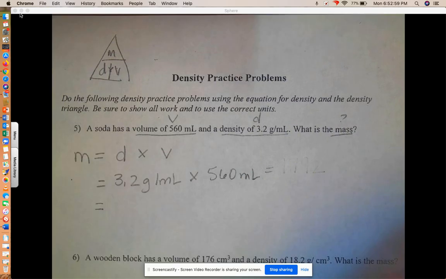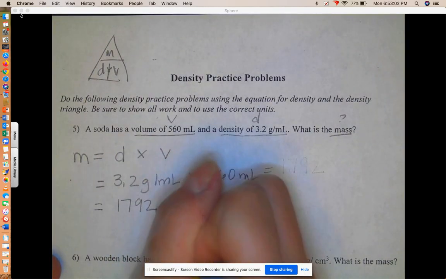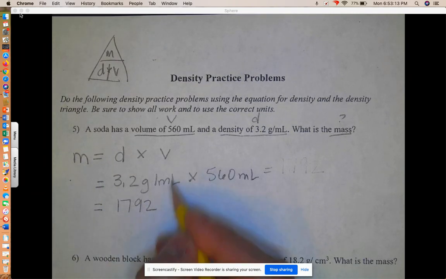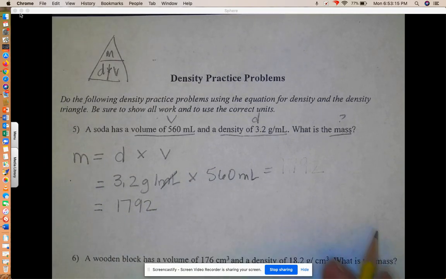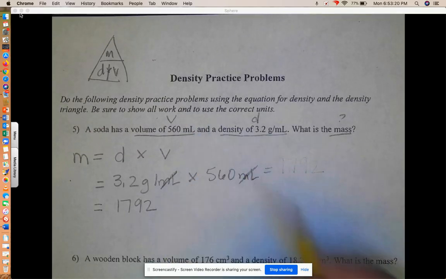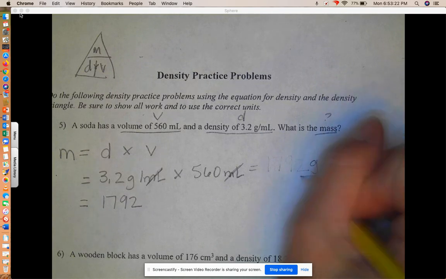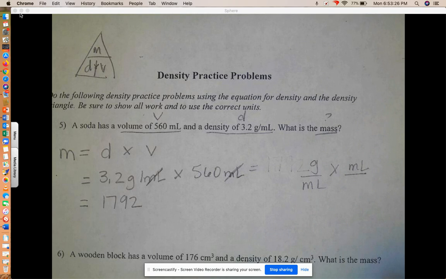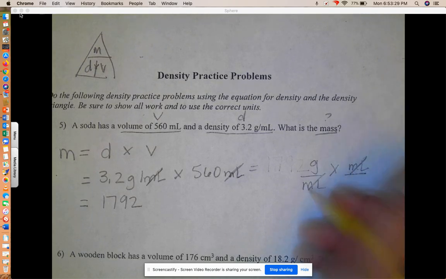I want you to pay attention to something about, sorry, I put that in the wrong spot. Pay attention to the units here. You are solving for mass, and you should know by now, after several quizzes, lots of notes, what do we measure mass in? We measure mass in grams. So here you have milliliters, which is on the bottom of this density unit, and you have milliliters from your volume unit, and because they're set up like this in the problem, when you have one unit on top and one unit on the bottom, they cancel each other out, just like stuff in math.